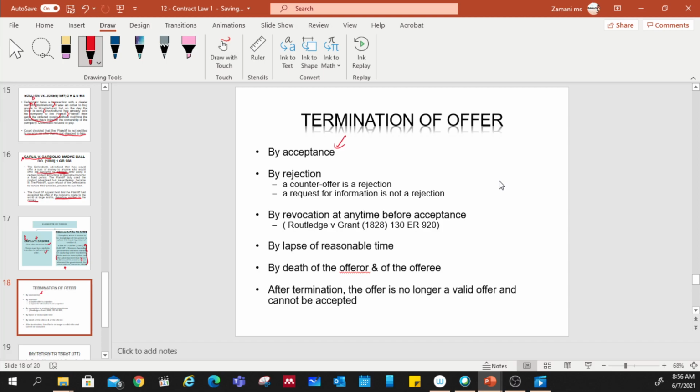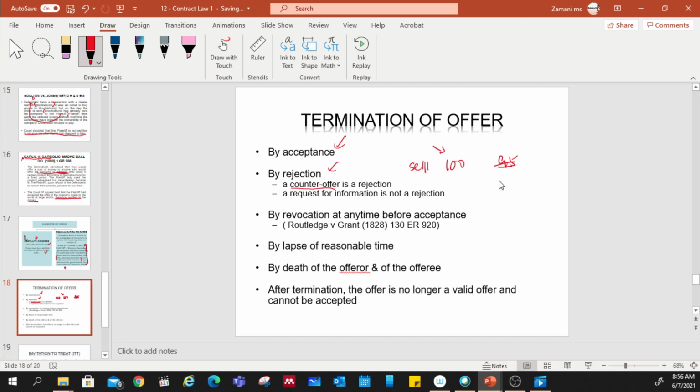The second one is by rejection. A counter offer is a rejection. So if the guy wants to sell a car at 100, but you counter offer at 95, it means the first offer is not valid anymore, because you had the counter offer of 95 ringgit.